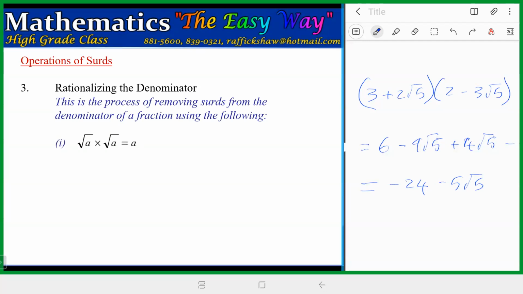That's the first thing that I showed. Product of surds can get rid of the root, right? And this now is what we call conjugate pairs. When you multiply conjugate pairs, they become the difference of two squares, and that is how you can eliminate surds. So let me show you over here now.